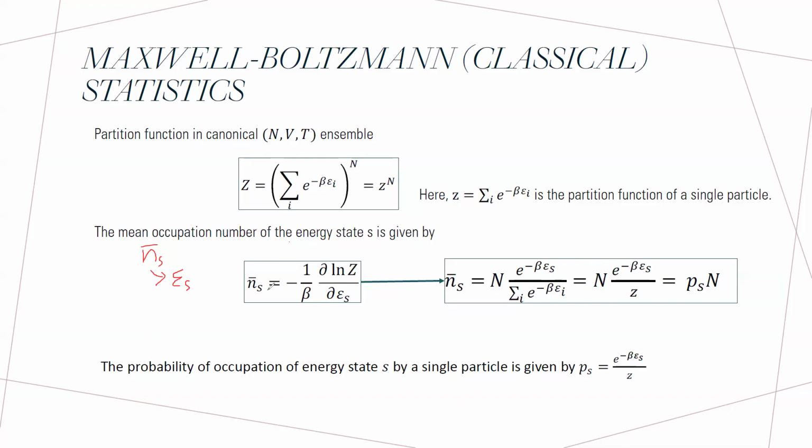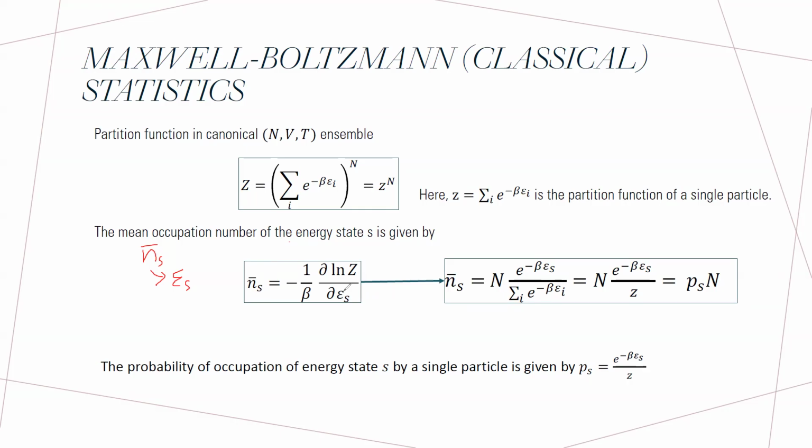This can be computed using this expression: n_s bar is equal to minus 1 over beta times the partial derivative of ln Z with respect to epsilon s. So we differentiate log of Z with respect to the energy of the relevant energy state.